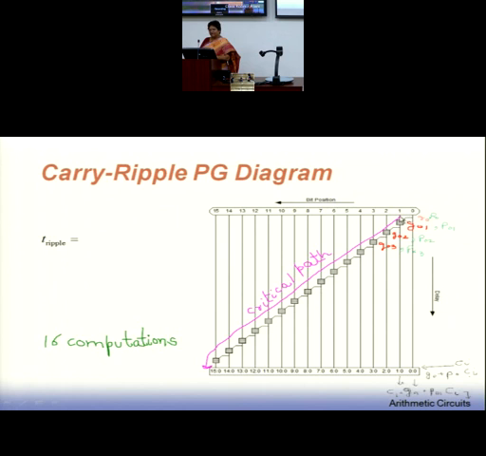G0, G1 mixed together to get G01, second step. I have G01 available here. Mix it with G2 to get G02. I have G02 available here. Mix it with G3 to get G03. The moment G01 is available to me, I have the Ci available, which immediately gives me the carry at this position and the sum at this position.